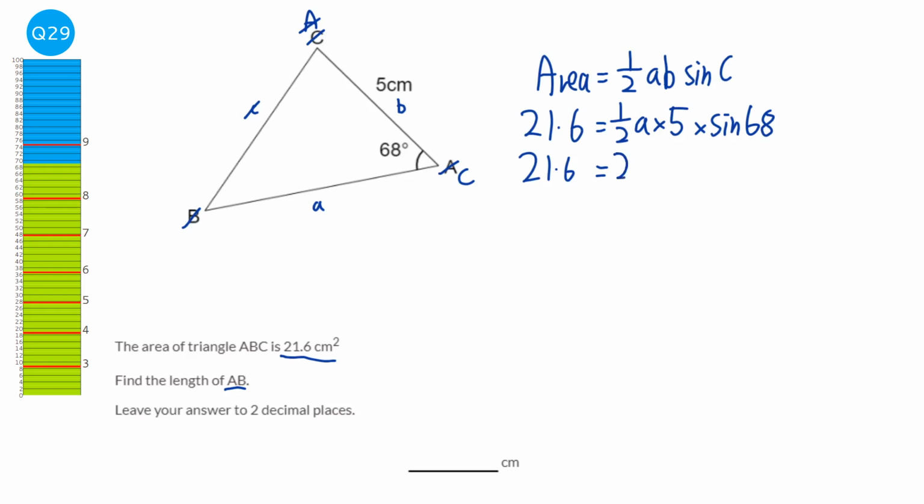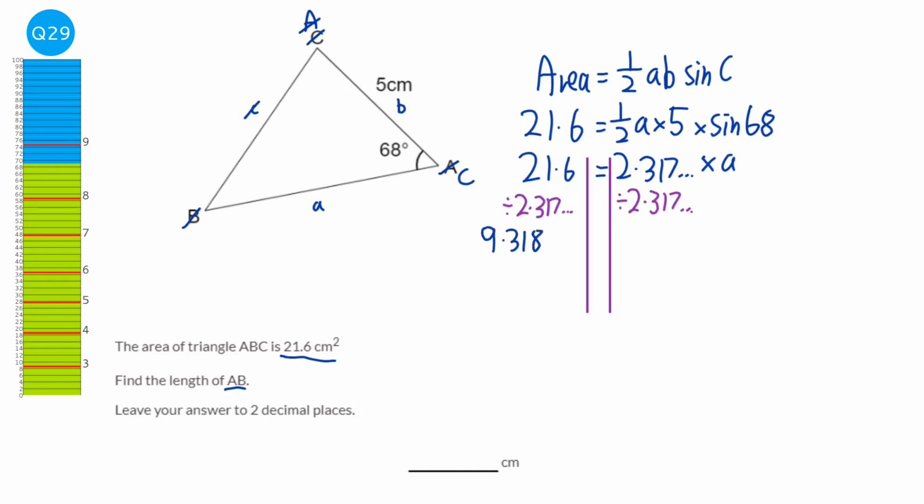And that's going to be 2.317... times A. Then we're going to do a bit of solving, because if we divide both sides by that 2.317..., that'll give us what A is. So when we do that, we get 9.318... equals A. So rounded to two decimal places, that's going to be 2.32.